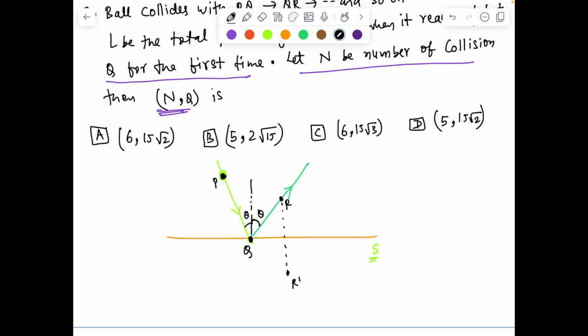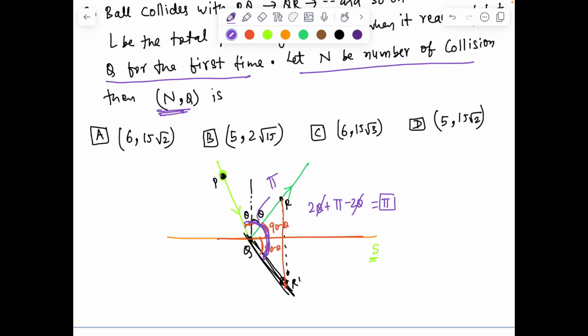then P, Q, R dash must be collinear. And that can be proved very easily, because if this angle is theta, this angle is going to be 90 minus theta, since I have reflected R over this mirror. Hence this entire angle is a linear pair, because it's 2 theta plus pi minus 2 theta, which amounts to 180 degrees.